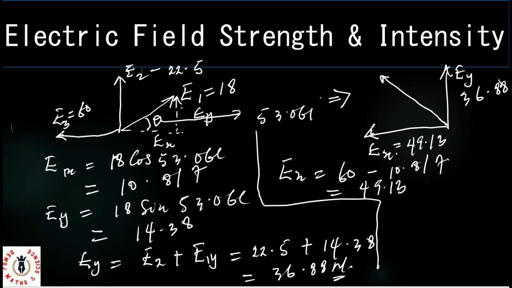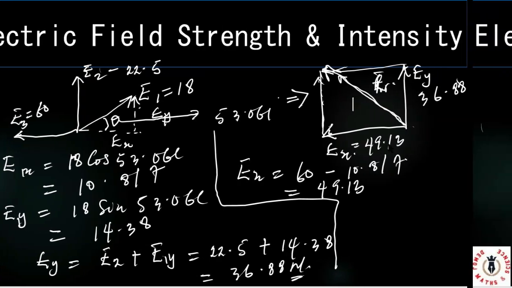My resultant should be this way. Now, how did I pick that? You look at my EY, it comes this way, my EX comes this way. So I have my resultant, this is my ER. I have this to be 36.8, and here is 43.1.